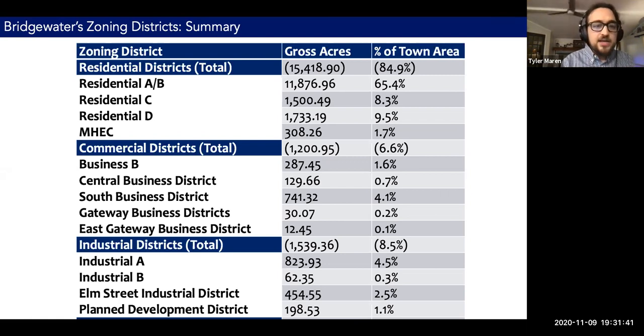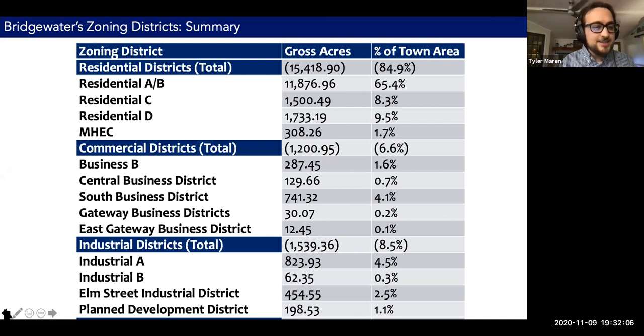These residentials A through D, the uses and activities that can go on, the types of developments, are not super different. They're all for residences, mostly single family still. The main difference is the density and intensity. If we go back to the zoning map, 1 slide back.